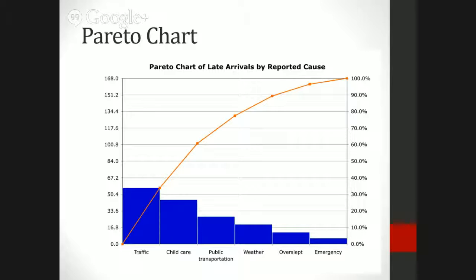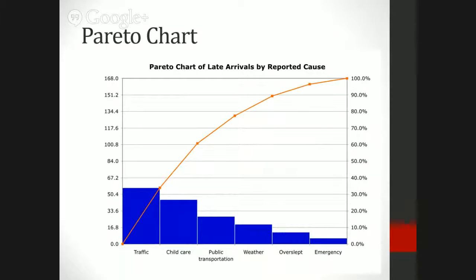Well, if I took child care and I stacked it on top of traffic, where would that put me? That would put me right here at 60%. So 60% of my people being late is because of traffic and child care. Do you get where that goes on a Pareto chart? That's what this curve right here represents.